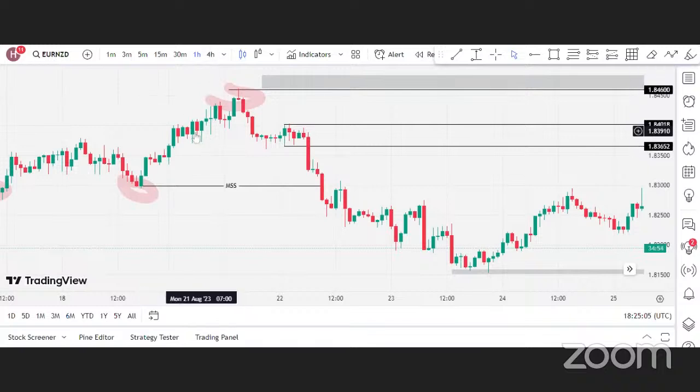So what I normally do is I come to the lower time frame to also get the shift of market structure. Right here we have this low, we have this high, then we have these lows, then this high, then this low and this high.